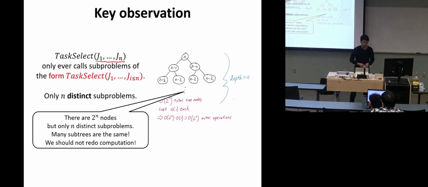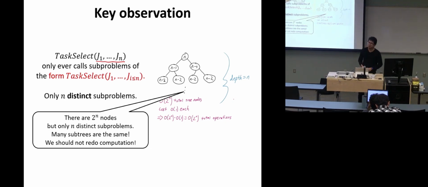Which means there are just n possible distinct subproblems that we ever look at. But here there are 2 to the n nodes in this tree. So there are 2 to the n nodes, but only n distinct subproblems. Many of these subtrees look like the same subtree if we recurse.